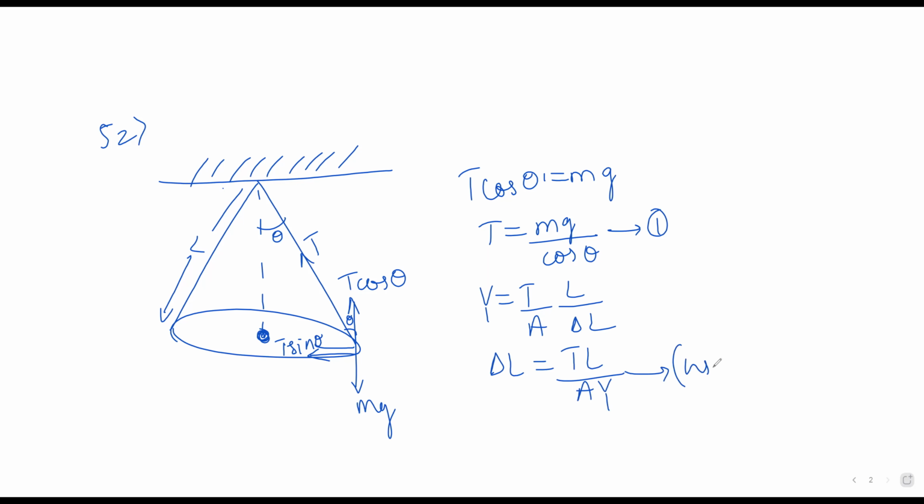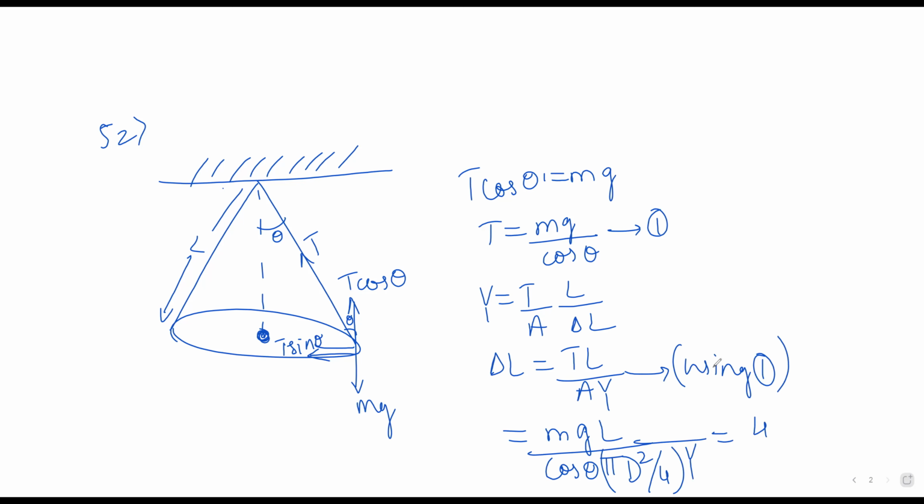So this we are possible to get by using equation 1 itself. So tension is nothing but mass into acceleration due to gravity. Area is substituted as pi d square divided by 4 into Young's modulus, or you can modify this one as 4 mgL divided by pi d square Young's modulus into cos theta.